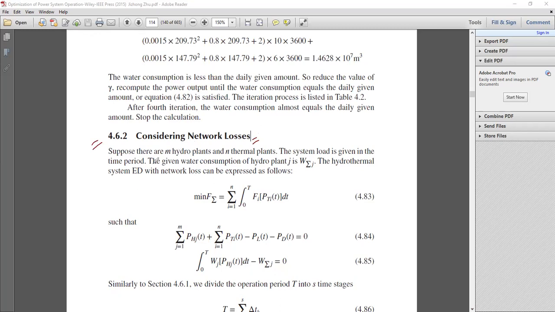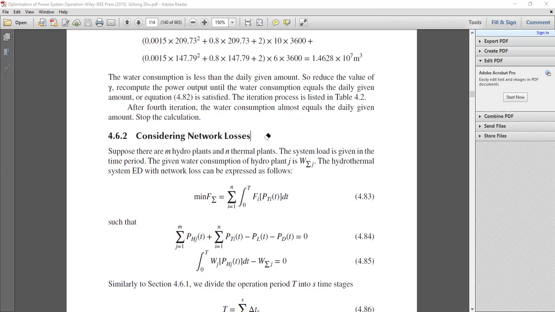Instead of considering one hydro plant and one thermal plant, they are considering m number of hydro plants and n number of thermal plants. So in total, you have m plus n generating units. The system load is again given in the time period. We are considering short term hydrothermal scheduling, so the time duration would span from 1 day up to 1 week, with minimum and maximum limits.